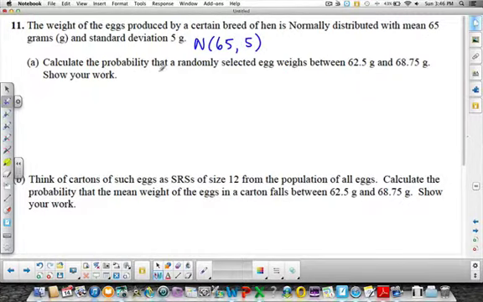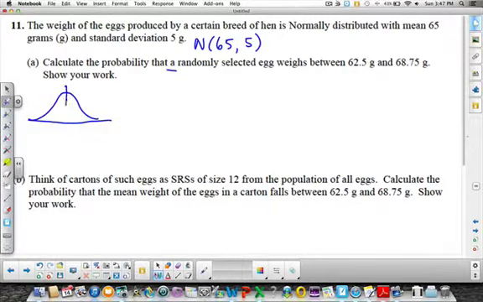Part A asks me to calculate the probability that a randomly selected egg weighs between 62.5 and 68.75 grams. Since I know that it's normal, I might draw a nice picture here.